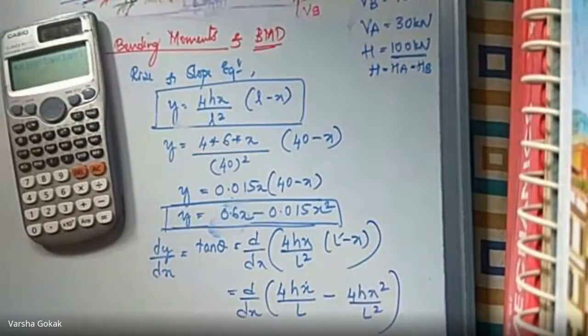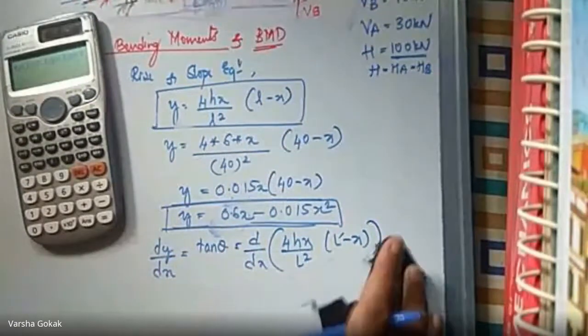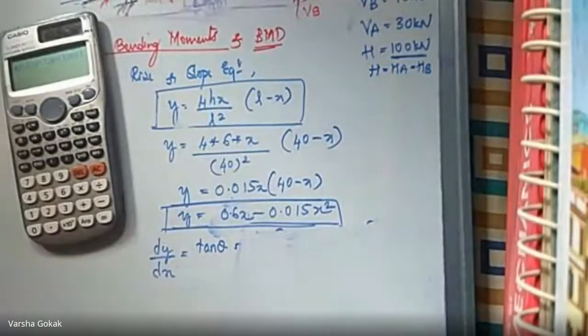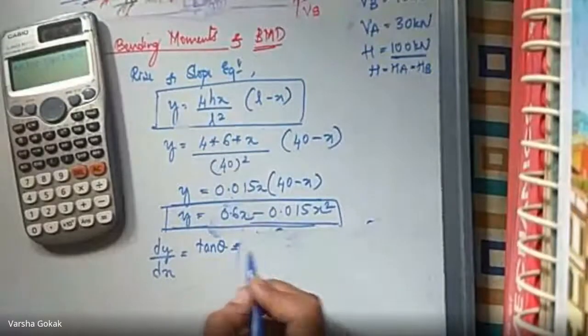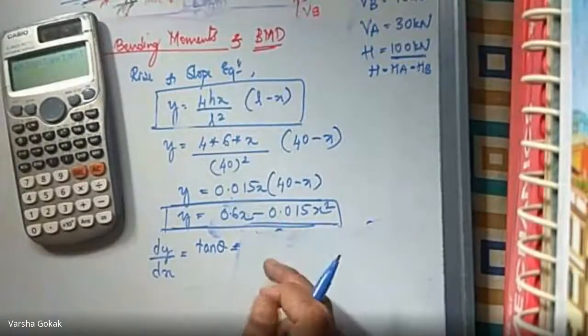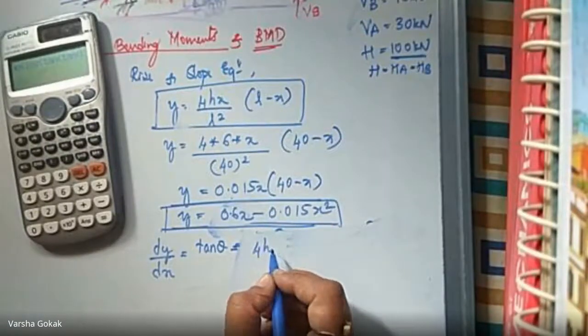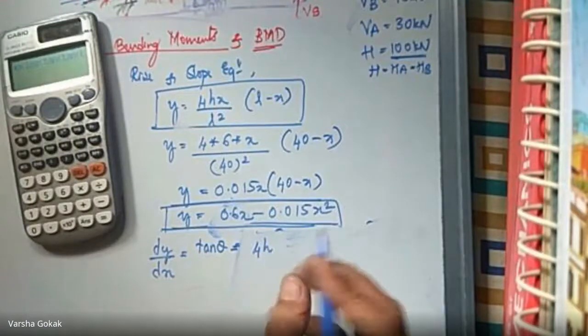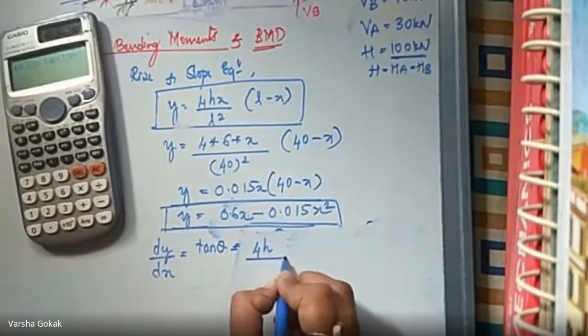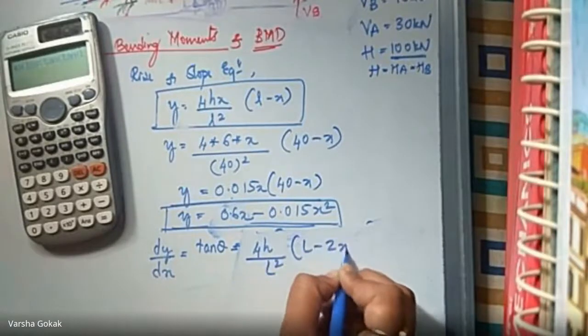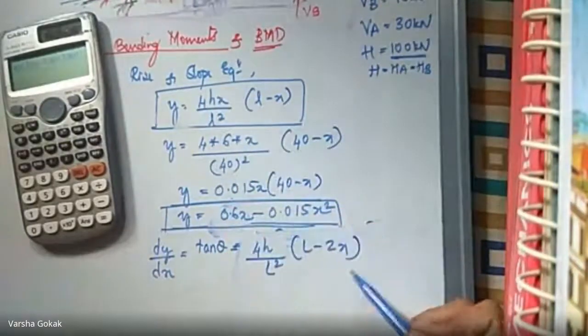So instead of going like this, what we can do is, where is my eraser? Instead of doing this, the best way to find the derivative is to directly substitute the values. Like for example, you know the values of L and all for your given problem. So you directly substitute that value. That is 4h. Differentiation would be 4h divided by L square into L minus 2x, if I open the brackets and I differentiate.